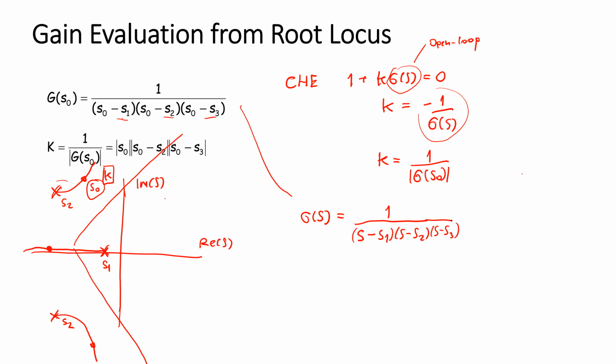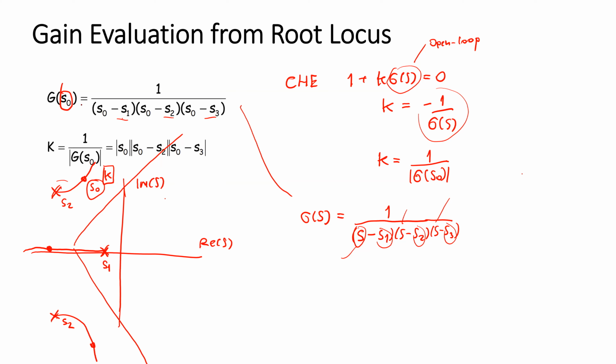If the characteristic equation has three poles, each pole has its numerical value. In the general form of s it is in this form, but G(s0) means we replace the general s by s0. s0 is the point at which we want to find the gain k.